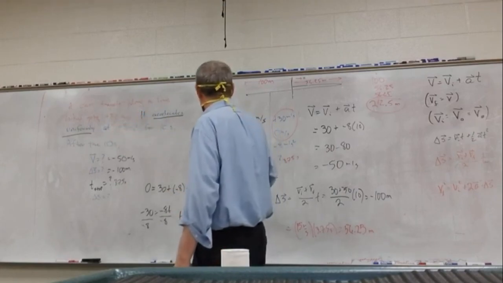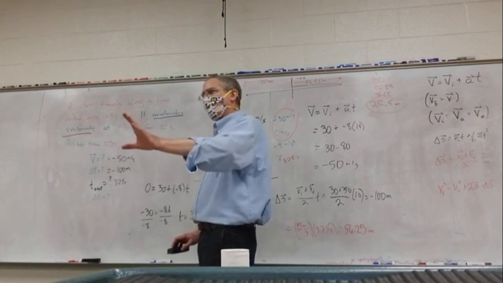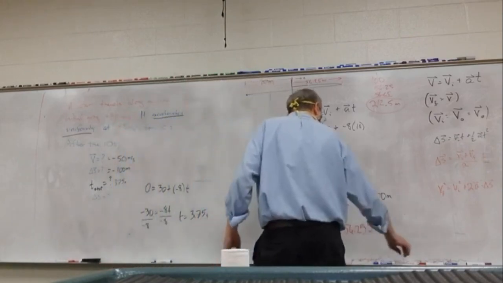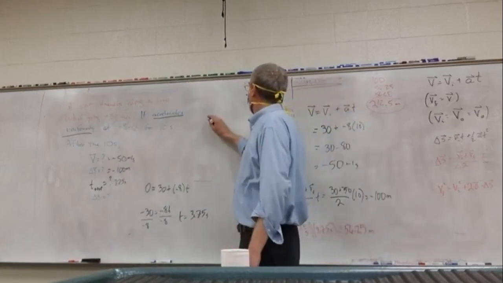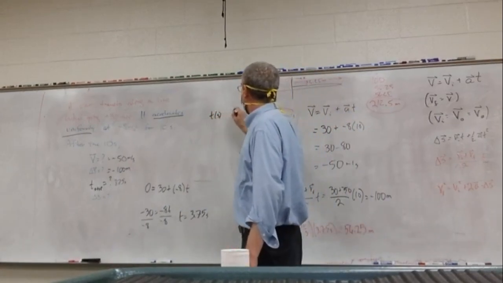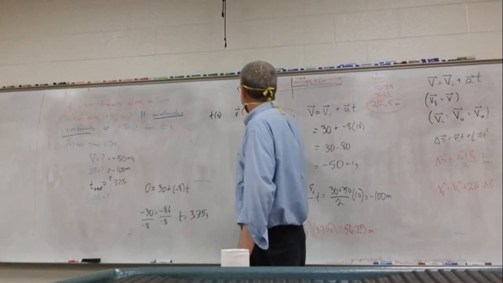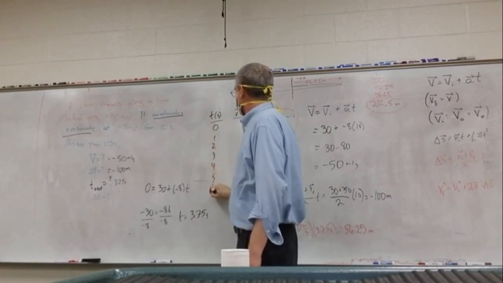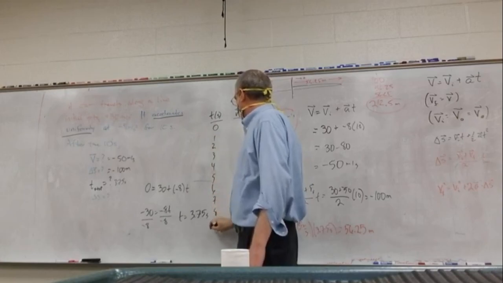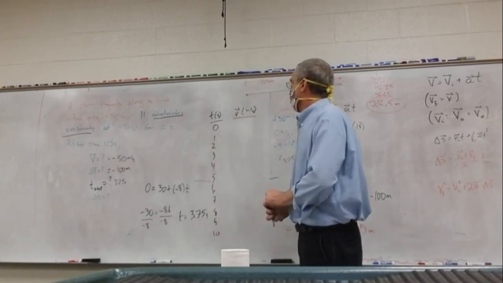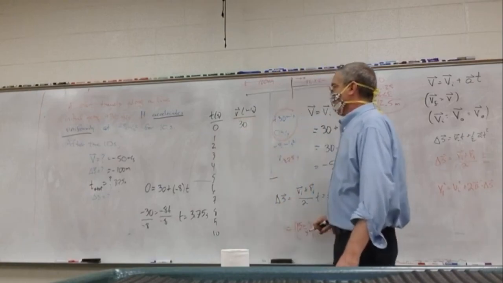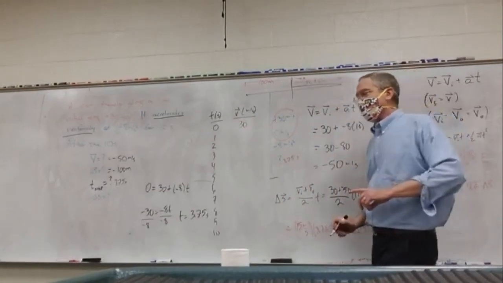So I'm going to present it slightly differently and take this slide. So time in seconds and velocity in meters per second. So 0, 1, 2, 3, 4, 5, 6, 7. So I start out going 30 meters per second, and my acceleration is negative 8 meters per second squared.